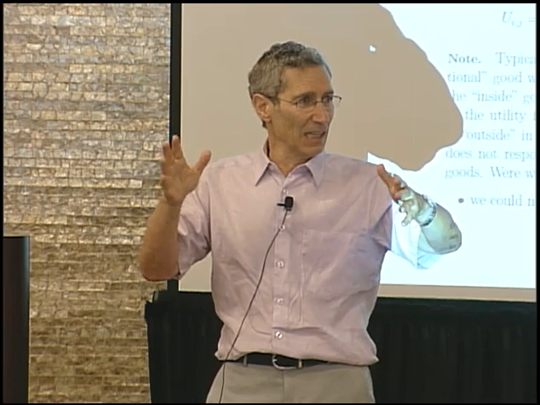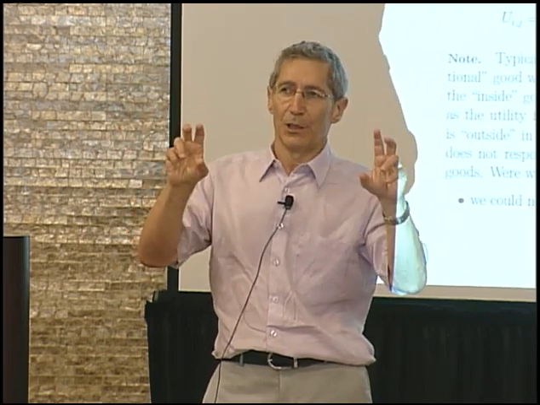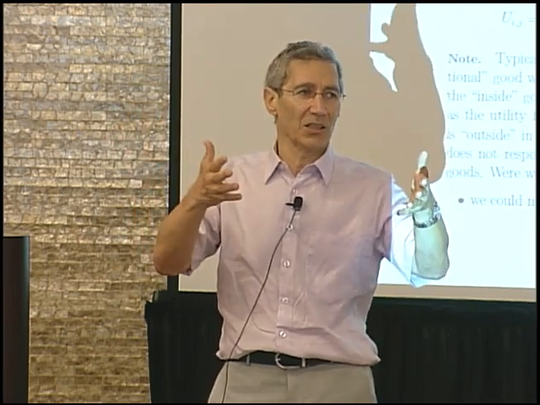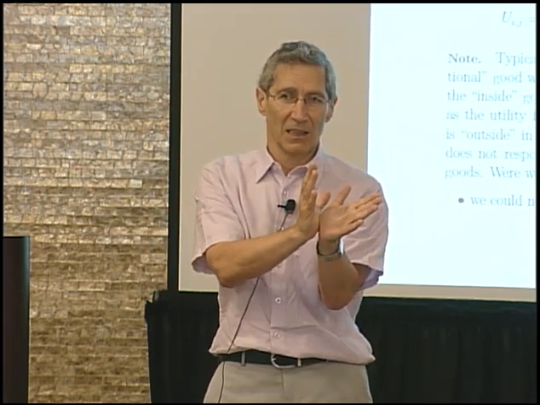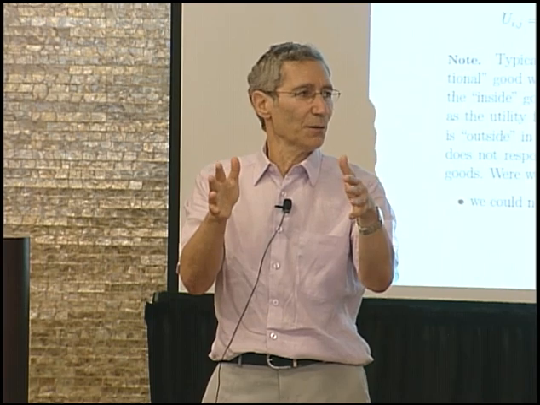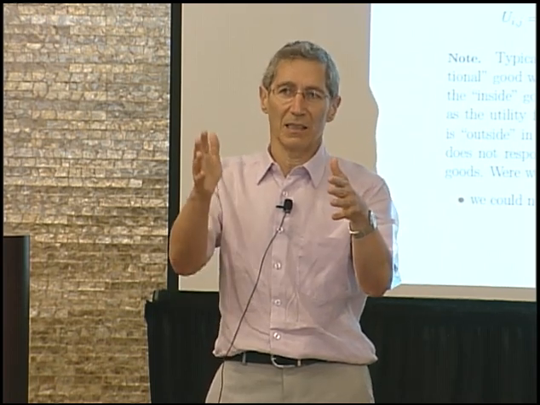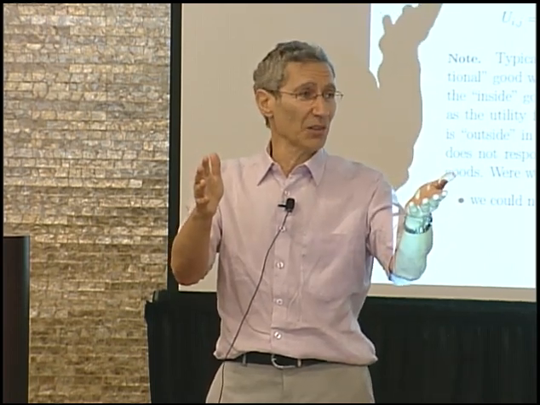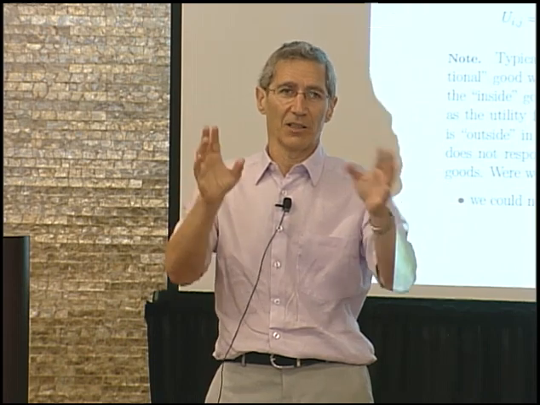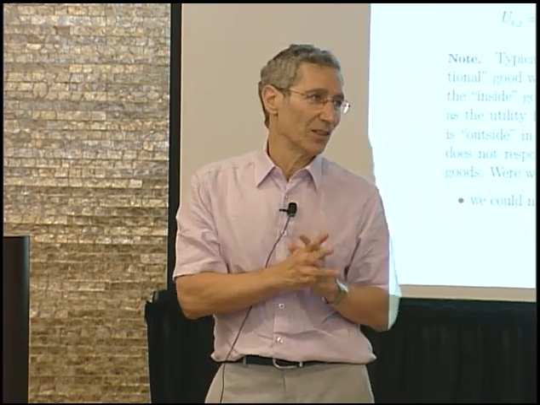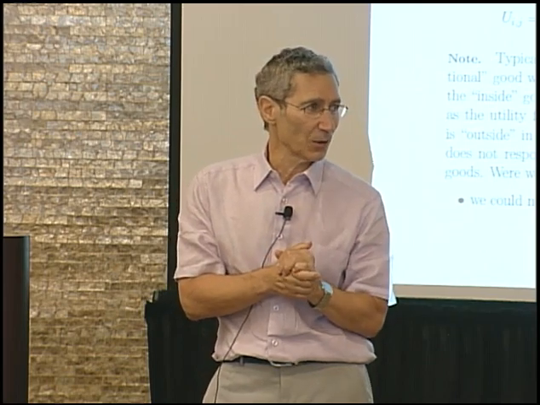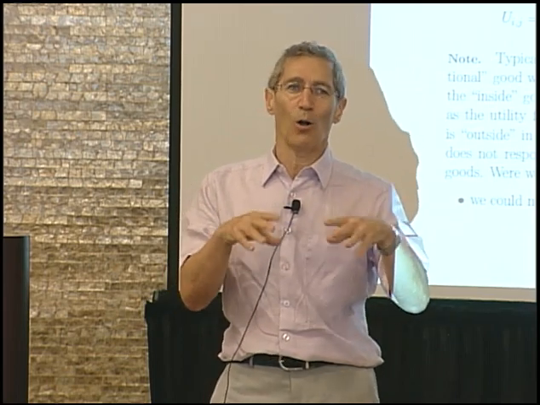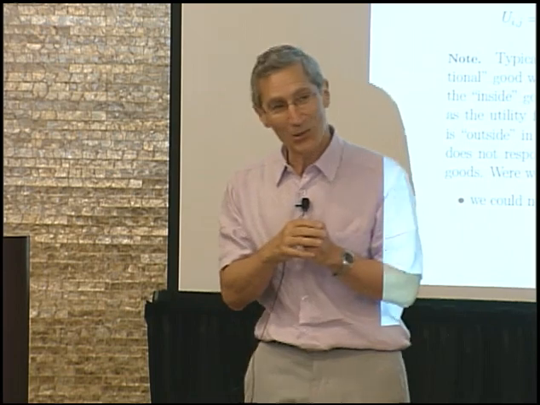Is that clear? That's going to get me a demand for each consumer. And if I'm going to use aggregate data, I aggregate over the types of consumers to get aggregate demand. Is that clear? That gives me the model's prediction for demand, conditional on theta. I know what demand was. I find the value of theta that makes the model's prediction as close as possible to the data. That works out to be consistent and asymptotically normal. Okay? So that's the model. By the way, all economic models, no matter what anybody tells you, are that.